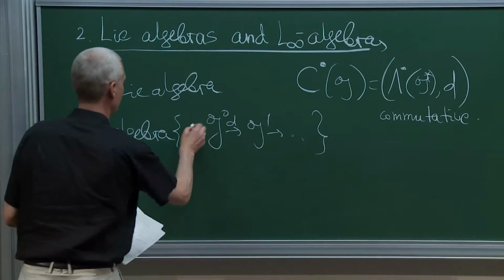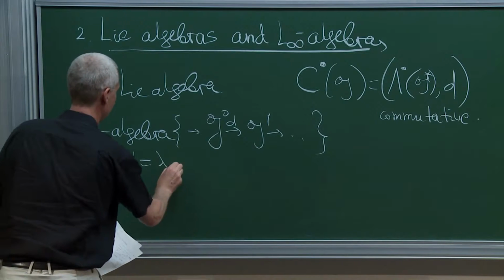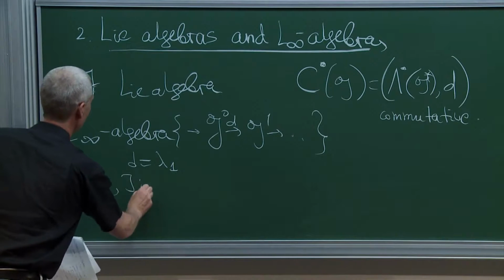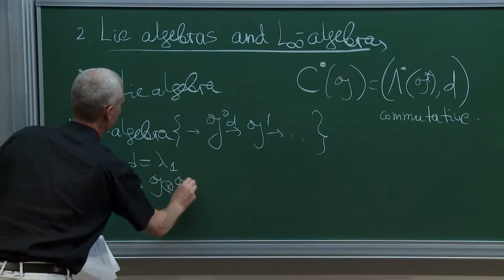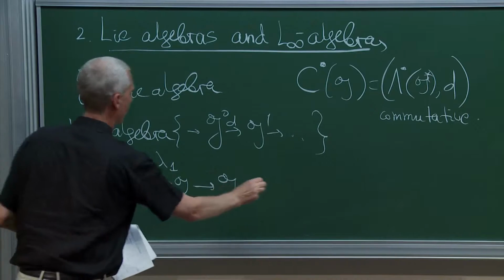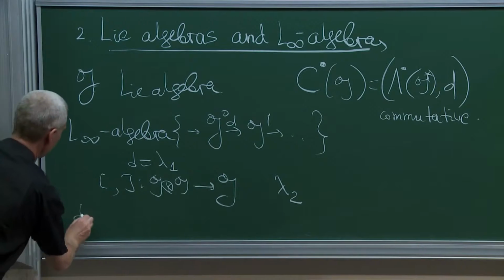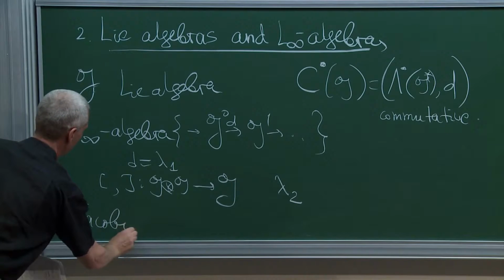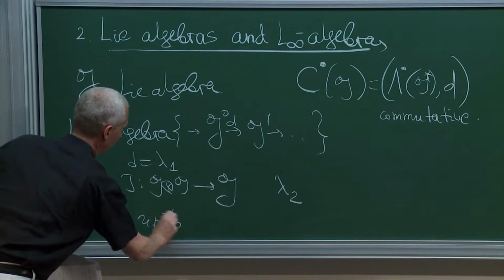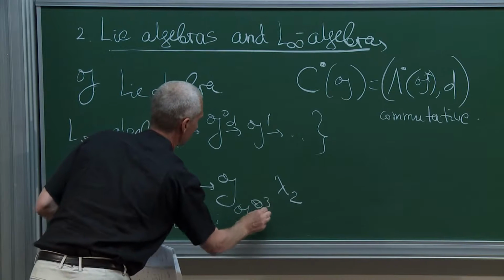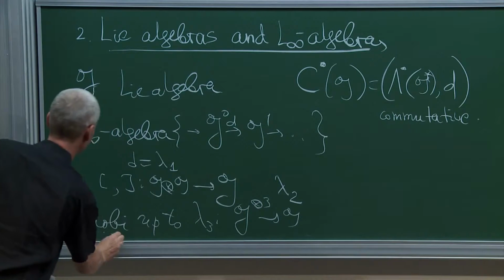So there is a differential D, which we consider as an operation of order 1. We have a bracketing from G tensor G to G, which we consider an operation of order 2, but Jacobi up to lambda 3 from G cube to G, and so on.